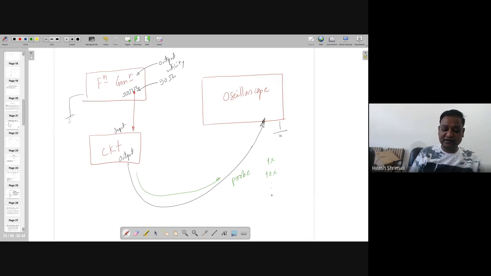So let's assume that I am using the 10x. In that, it's around 10 picofarad with 10 mega ohm of resistance. These are the numbers from the company making these probes, the numbers they want to achieve.